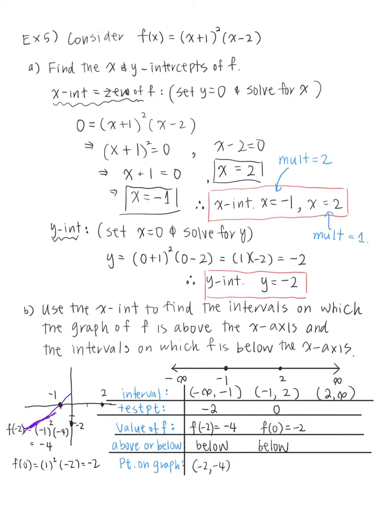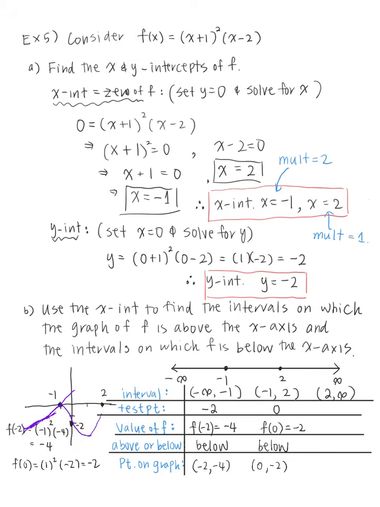If I cut across it, I'd assume some positive values between negative 1 and 2, so that cannot happen. So what's your only option? Between negative 1 and 2 your function is below the x-axis, so it's going to have to touch x equals negative 1 and then dip down below. This is the only option you have right now. But anyways, let's go with the point on the graph. This is going to be (0, negative 2), so it does go through the y-intercept. I just got lucky. I just drew the curve and it happened to lie on y equals negative 2.